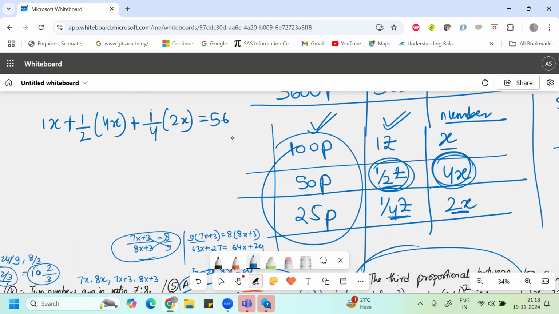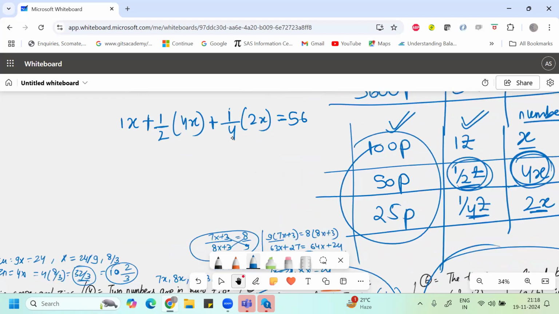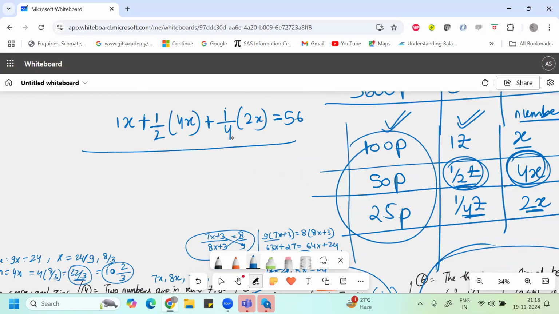So you can either solve this, or you can write it like this: if I have x coins of 1 rupee, 1 rupee means 100 paisa, so the worth in paisa would be 100x. Then for 4x coins of 50 paisa, the worth would be 50 into 4x.